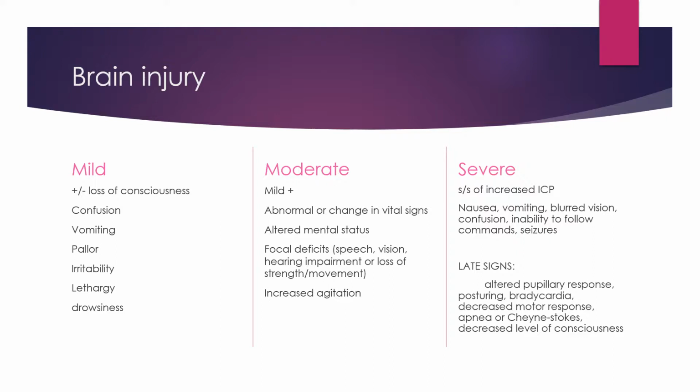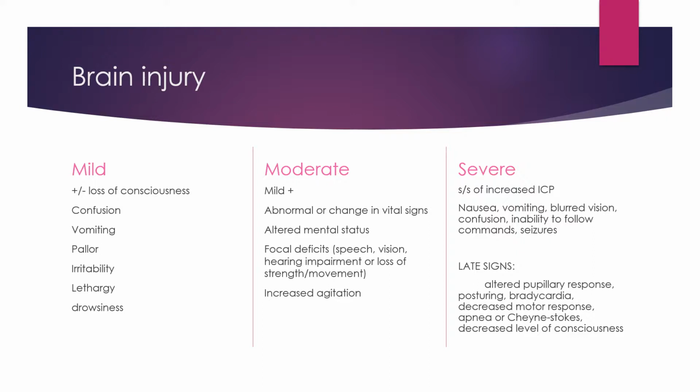For moderate brain injury, you would have the symptoms seen under mild, as well as abnormal vital signs or a sudden change in vital signs, and altered mental status. And you may also have focal deficits. So focal means not global, very one-sided or specific to one area.